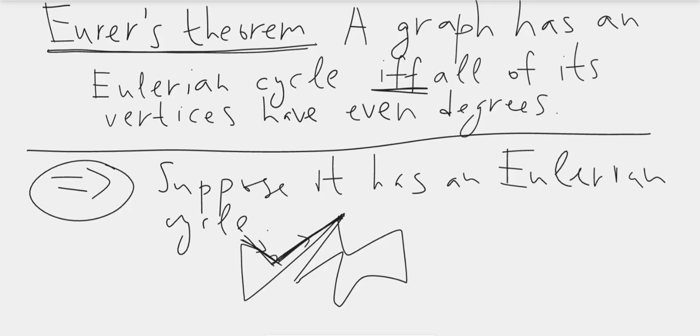So the number of edges incident to a vertex that are part of this cycle is even.